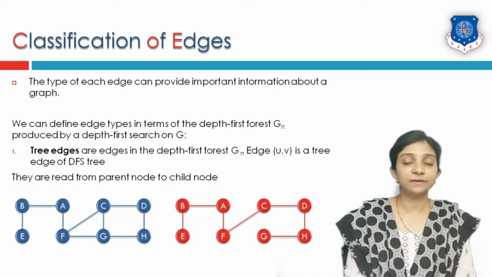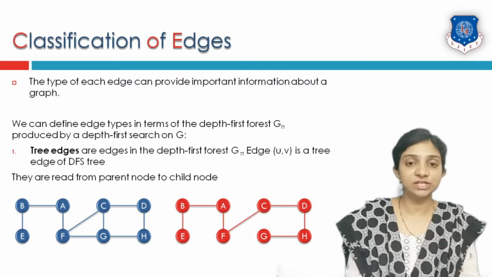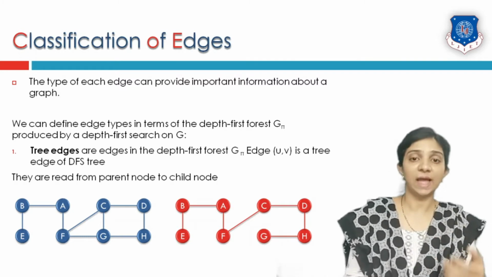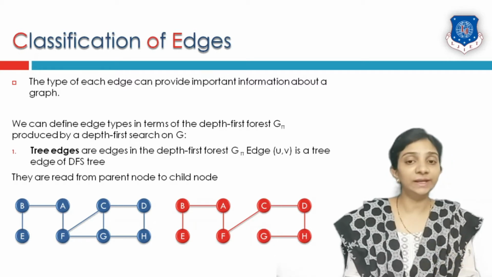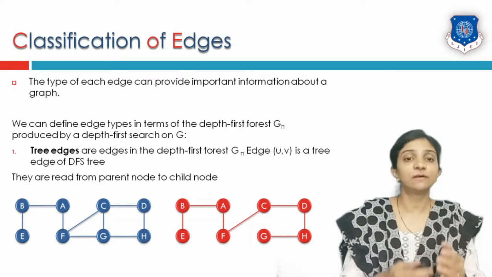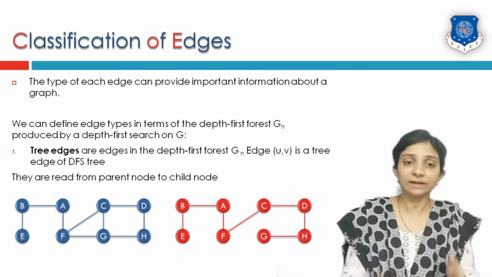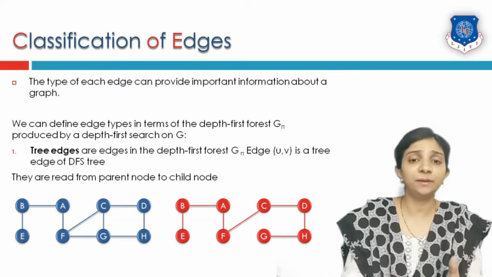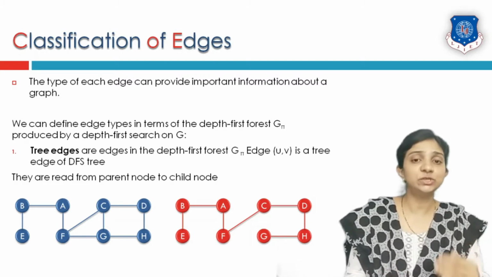We have started our traversal from A node to B. So we will read an edge from A to B because A is a parent or root node and B is a child of parent A. That's why we will not read the same edge as B to A. It will always be read from parent to child, that is from A to B. Likewise, an edge B to E is always read as from parent B to child E, but it will never be read as E to B.